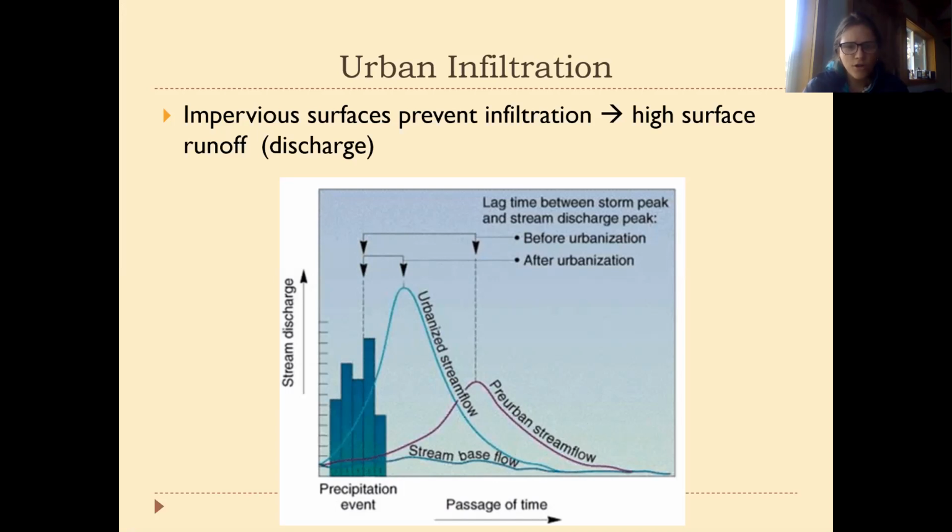And before the storm, there would be just base flow, the base amount of water that's flowing in that stream based on just background drainage from the landscape, groundwater infiltration from the landscape. And then the stream would start to pick up its discharge.